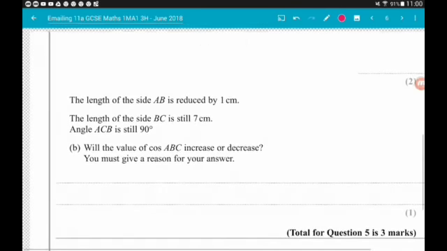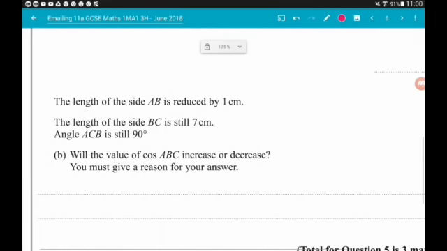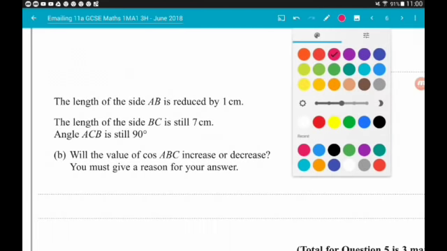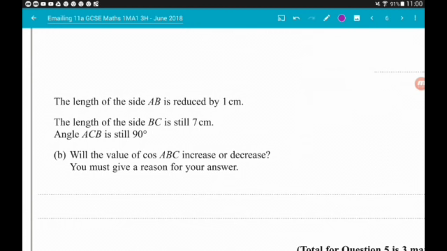Now we're told the length of side AB decreases by 1 centimetre. The length of the line BC stays as 7. Angle ACB is still a right angle. Will the value of cos ABC increase or decrease? So be careful here.